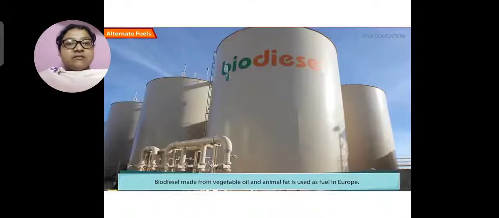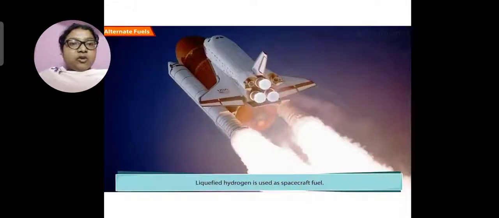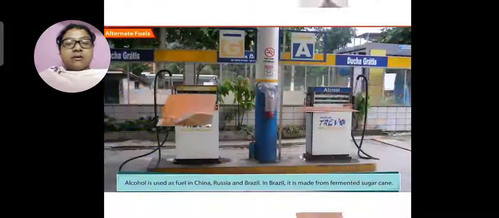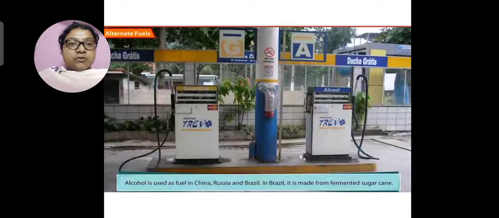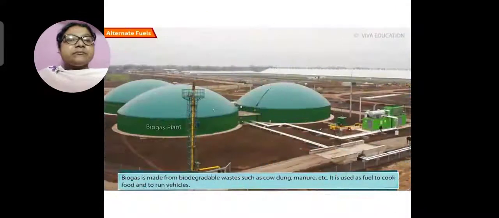Biodiesel is made from vegetable oil and animal fat and can be used as fuel in Europe. Liquefied hydrogen is also used as spacecraft fuel. Alcohol is also used as fuel in China, Russia, and Brazil. It is made from fermented sugarcane.